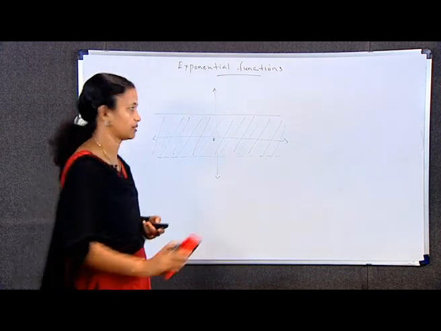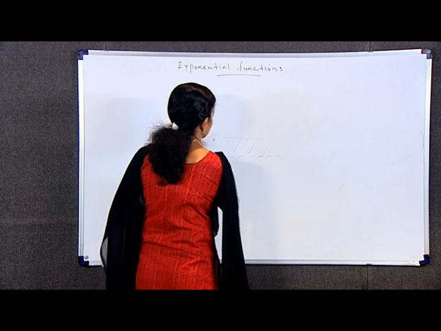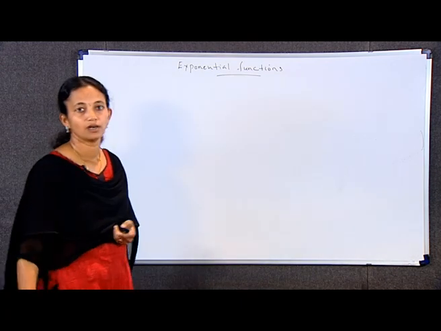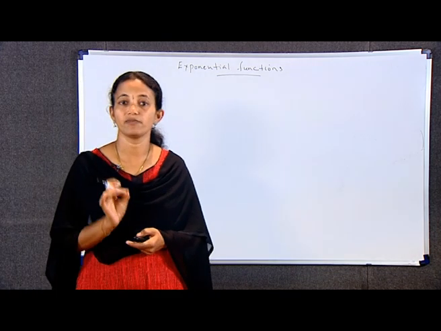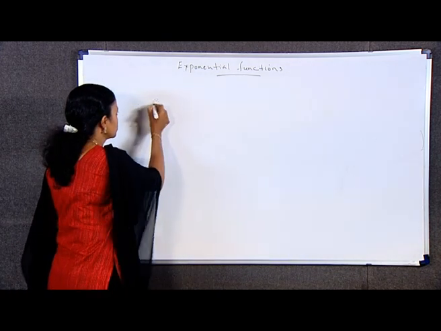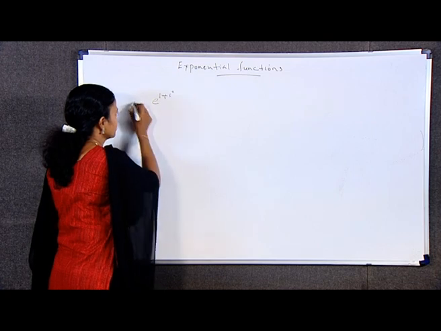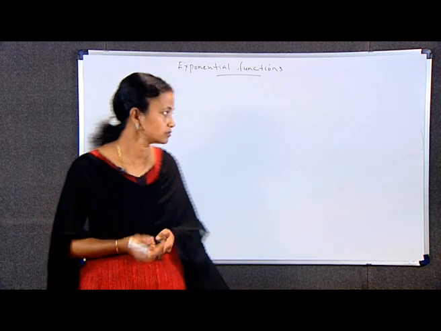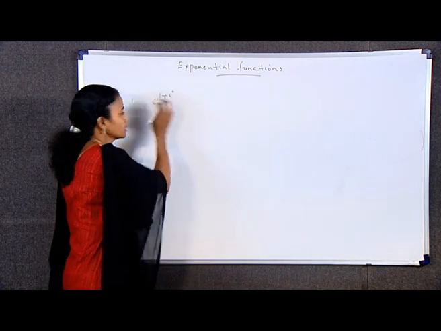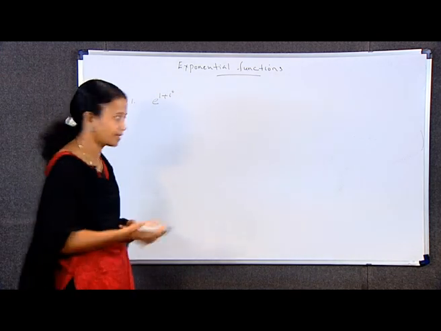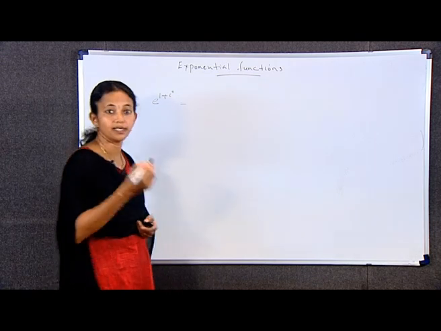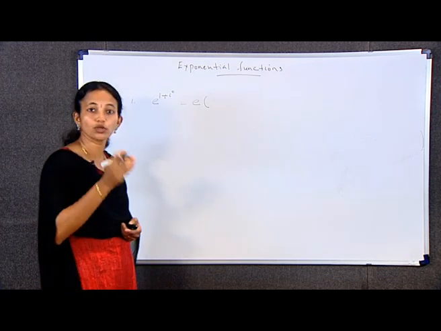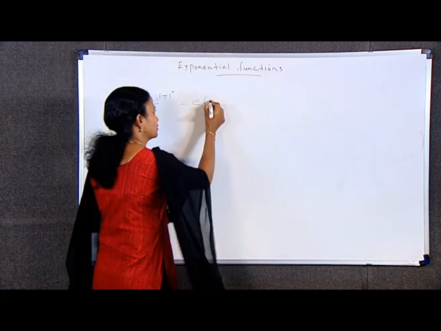Next we have some examples. First one is very simple: e raised to 1 plus i. We can write this as e raised to 1 into e raised to i, which is equal to e into cos 1 plus i sin 1.